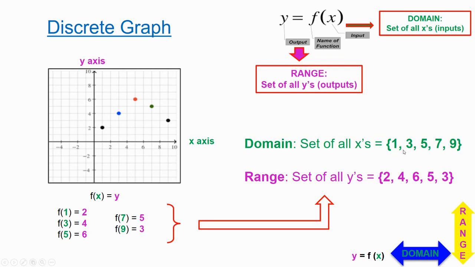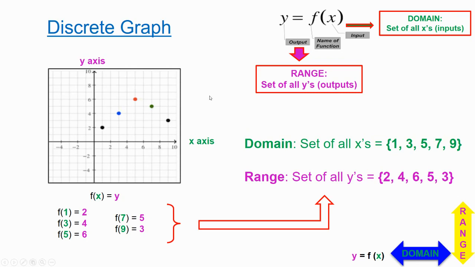This one is in number order, but this one is not. If I were to write them in number order, I would write the range as 2, 3, 4, 5, and 6. So that's the domain and range for a discrete graph when we're talking about just dots.